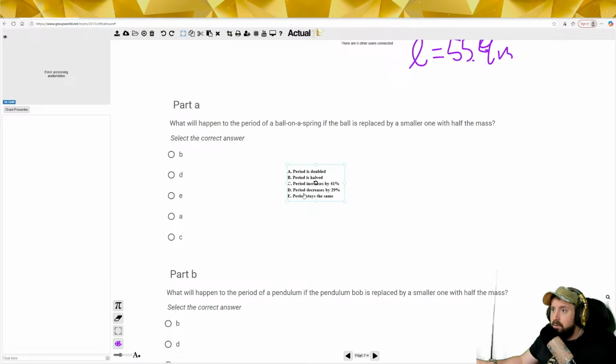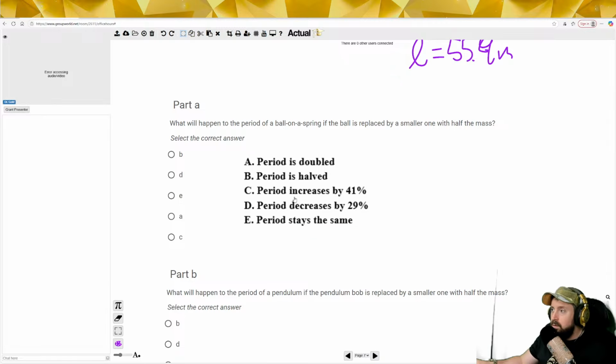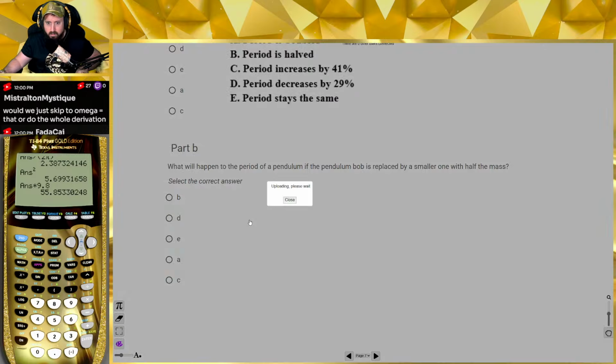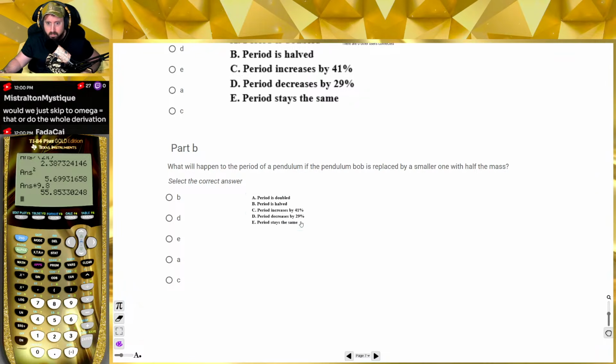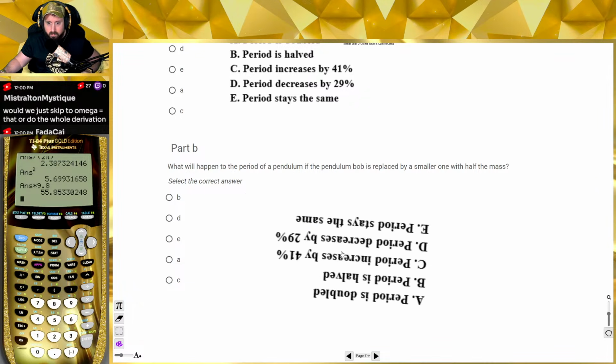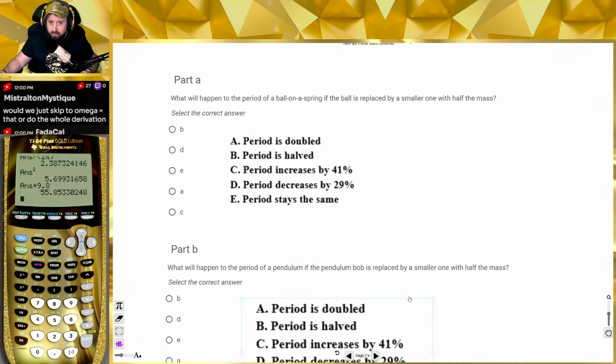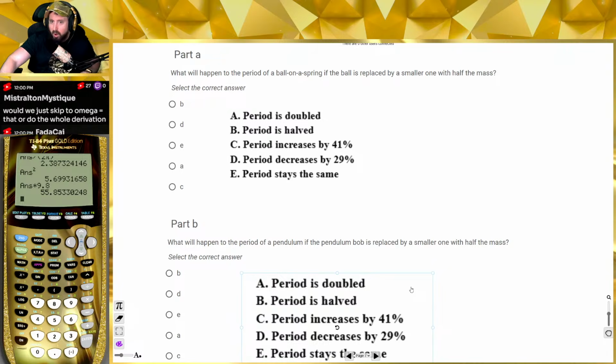Let me get all the answer choices for you guys. Okay, so let's remember. They say the period of a ball on a string if the ball is replaced by a mass of 1/2 the mass.